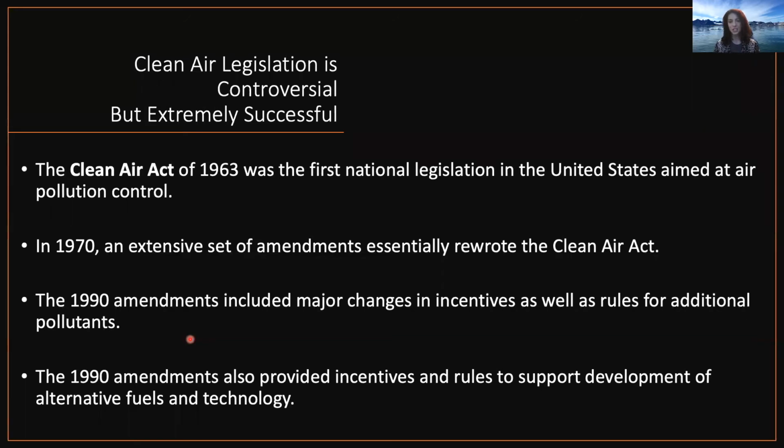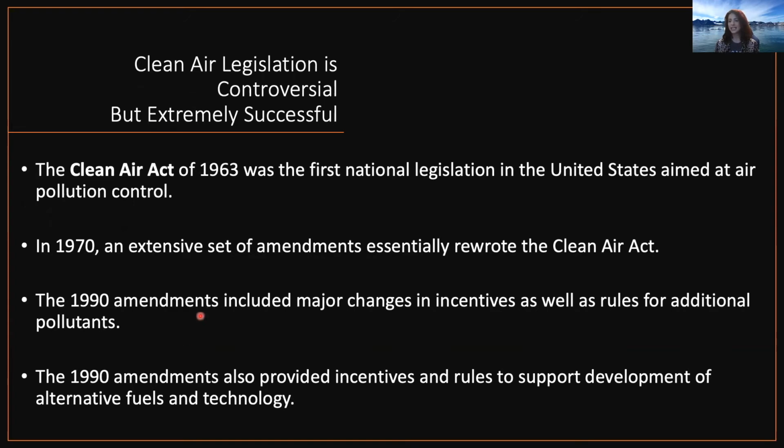So clean air legislation in the United States is controversial, but it's actually extremely successful. In the United States, the Clean Air Act of 1963 was the first national law for air enforcement. Because this approach was uneven and difficult to enforce, the act was largely rewritten in the year 1970 through amendments. And these amendments identified the criteria pollutants that we discussed at the top of this lecture.